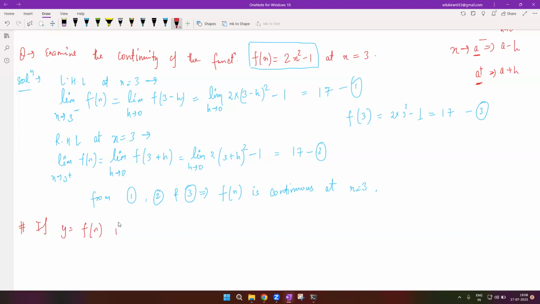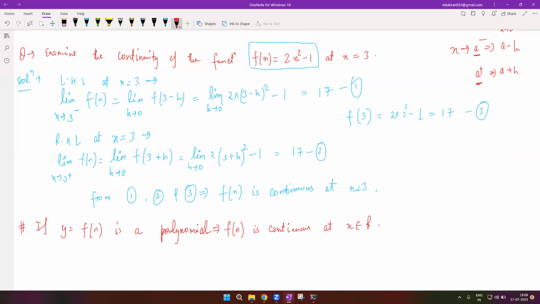If y is equals to f(x) is a polynomial, it means f(x) is continuous at all x, or you can say that x belongs to real numbers.